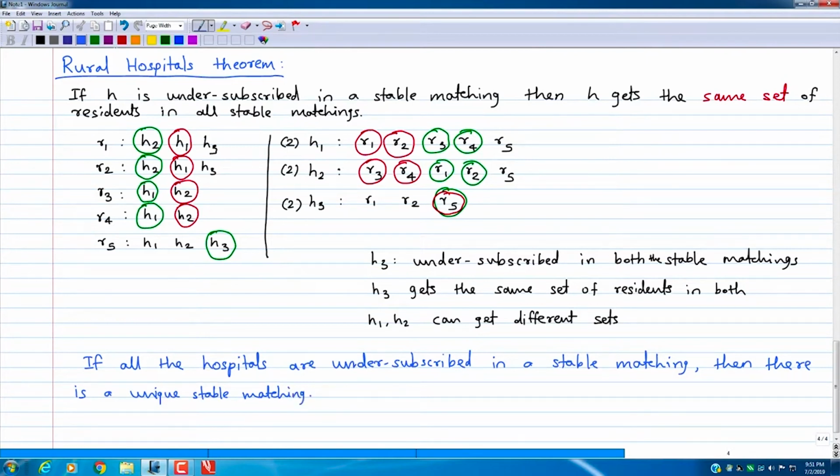And moreover, in this stable matching, a byproduct is that every resident gets his first choice, since no hospital can reject anyone.